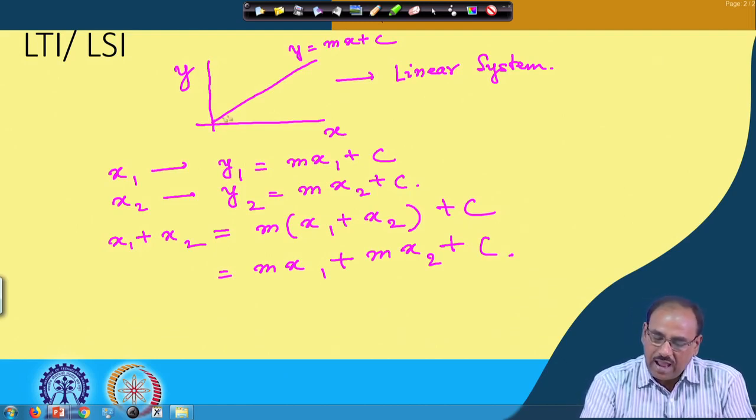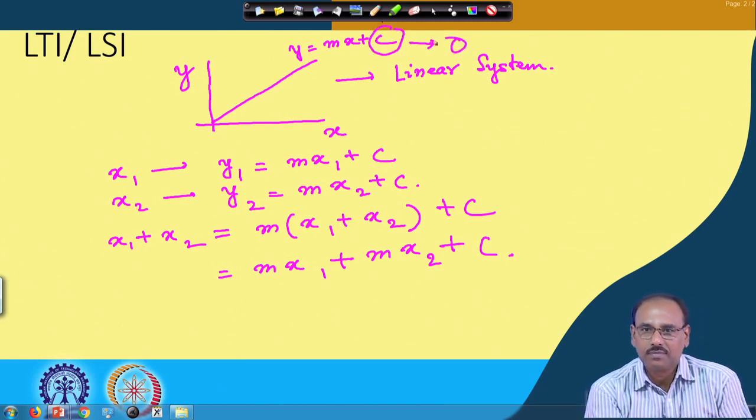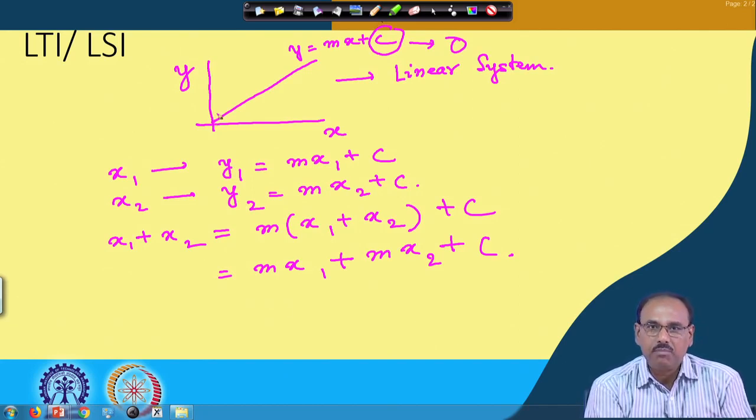Here you find that the value of c is equal to 0, as this straight line passes through the origin.